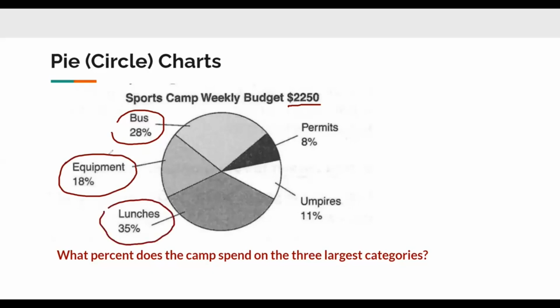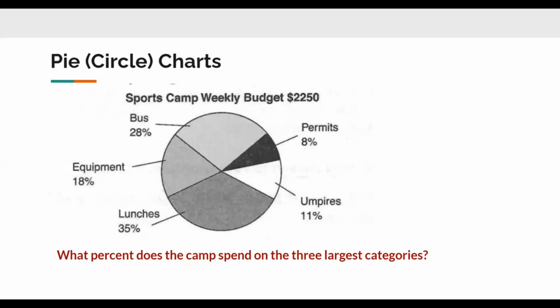We could also look at the percentage numbers and pick the 3 largest numbers, but we then want to add these together, and we can just add percentages to each other without converting them to a decimal first. And we're going to add those 3 numbers, and those add up to a total of 81%. So that would be the answer to that question.